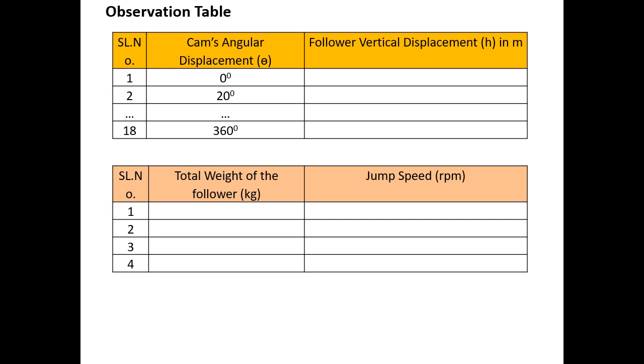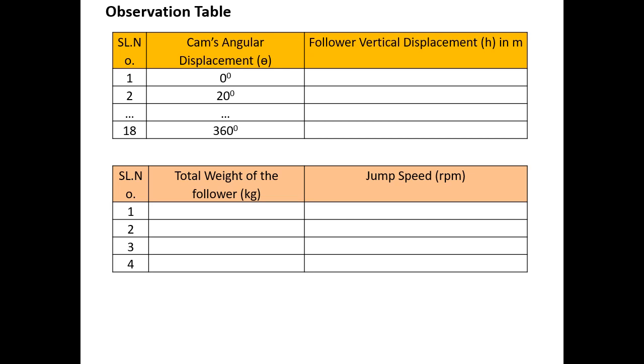There will not be any problem with the upward acceleration of the follower, as the cam will take care of that. But we cannot expect the follower to move downward with an acceleration greater than g. So the follower may lose contact with the cam if your cam is rotating at a higher speed.